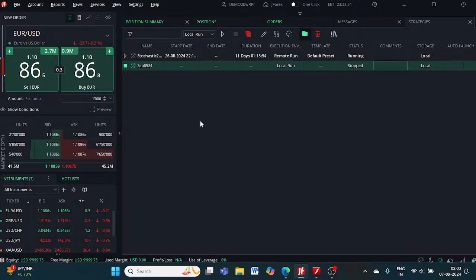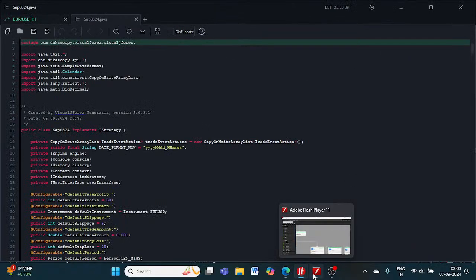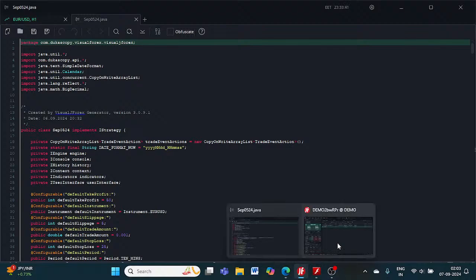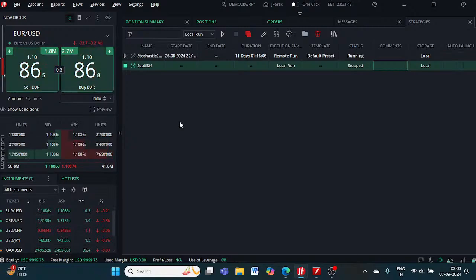This is the current algorithm which we completed today. Let me compile it first. Compilation successful. Then we test it.